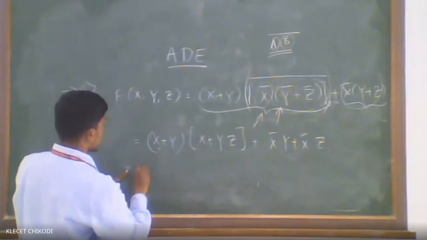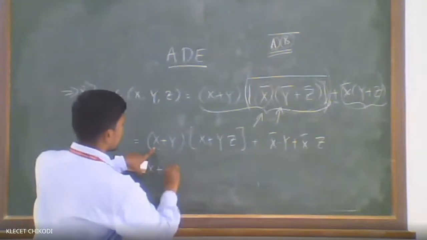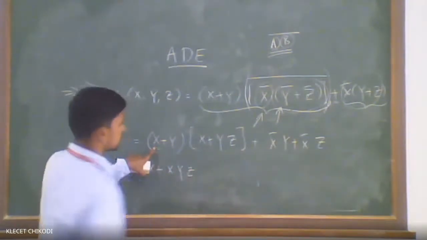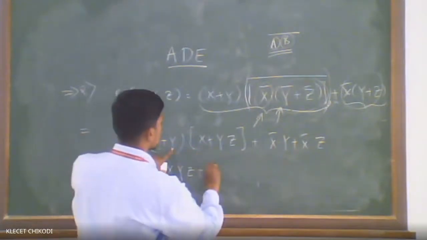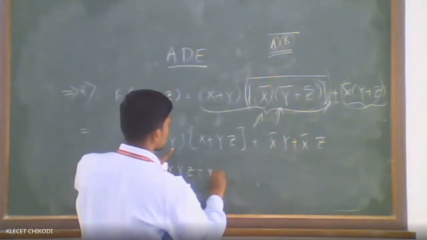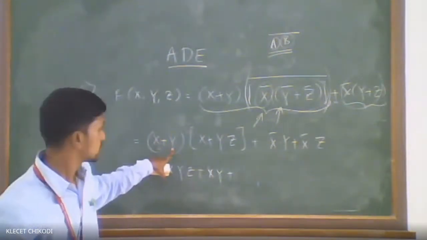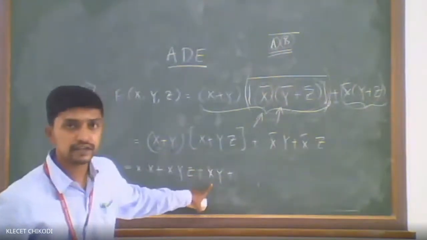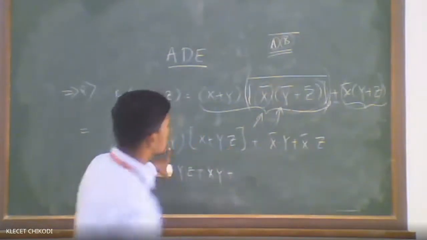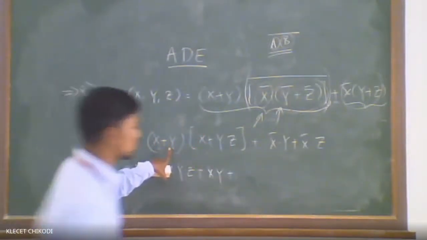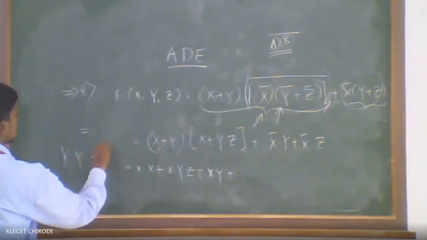The first one will be x into x plus the second one will be x into y into z. Again you have to multiply this y with x. Instead of y into x, I will write x into y, because of the commutative law for multiplication. After that, multiply y with y into z. It will be y into z.